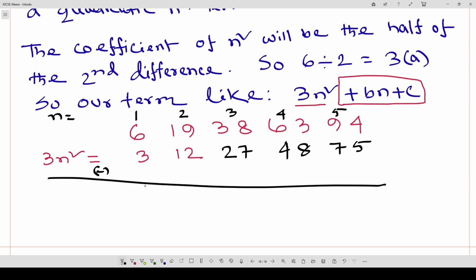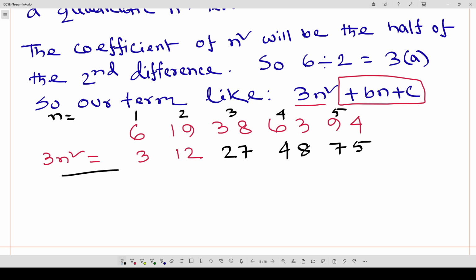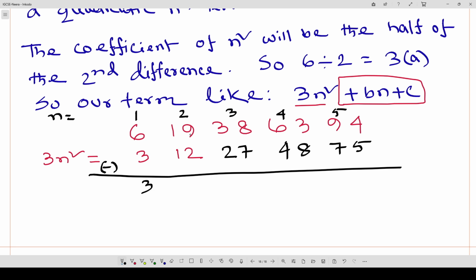So 6 minus 3 is 3. 19 minus 12 is 7. 38 minus 27 is 11. 63 minus 48 is 15, right? 94 minus 75 is 19.